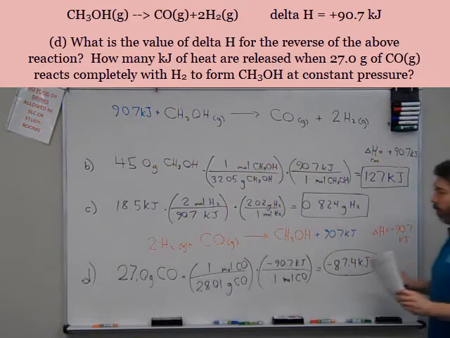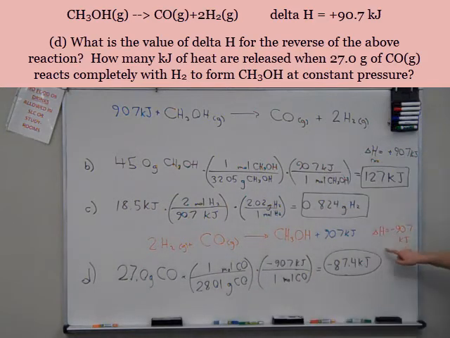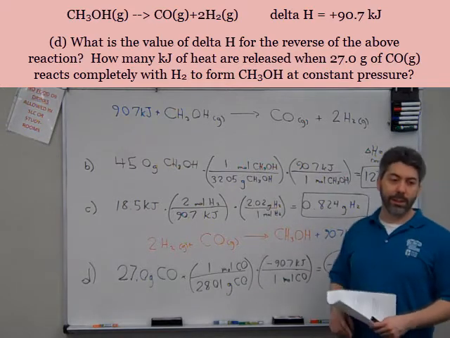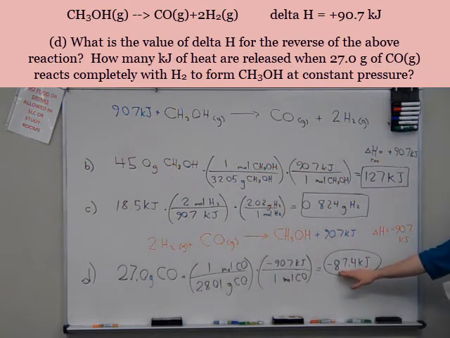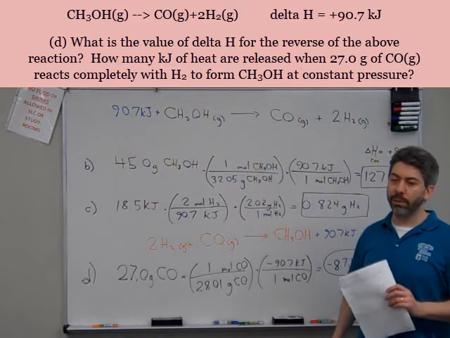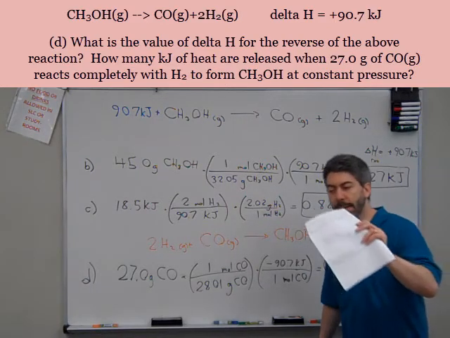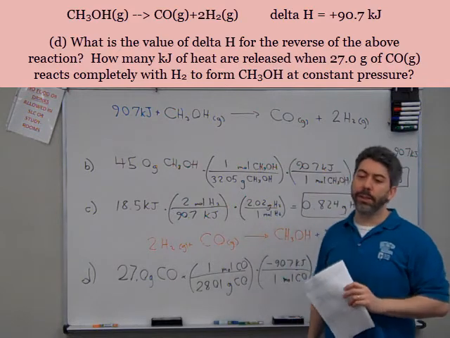If it asks you for the Q, if it asks you for delta H, change in enthalpy, if it asks you for what is the heat change or what is the change in heat, the answer would be negative 87.4. But since it asks you not for the change, but rather for the heat released, you have to give your answer as a positive.